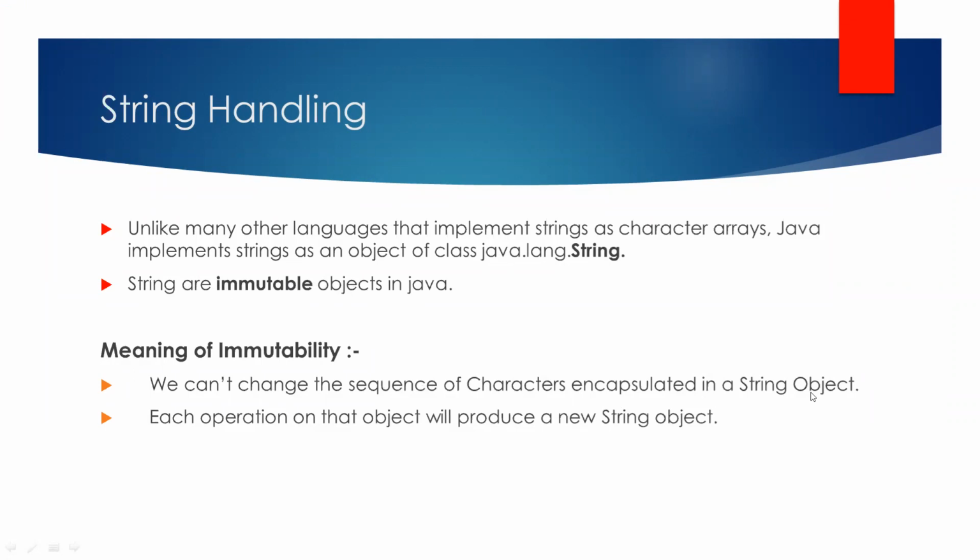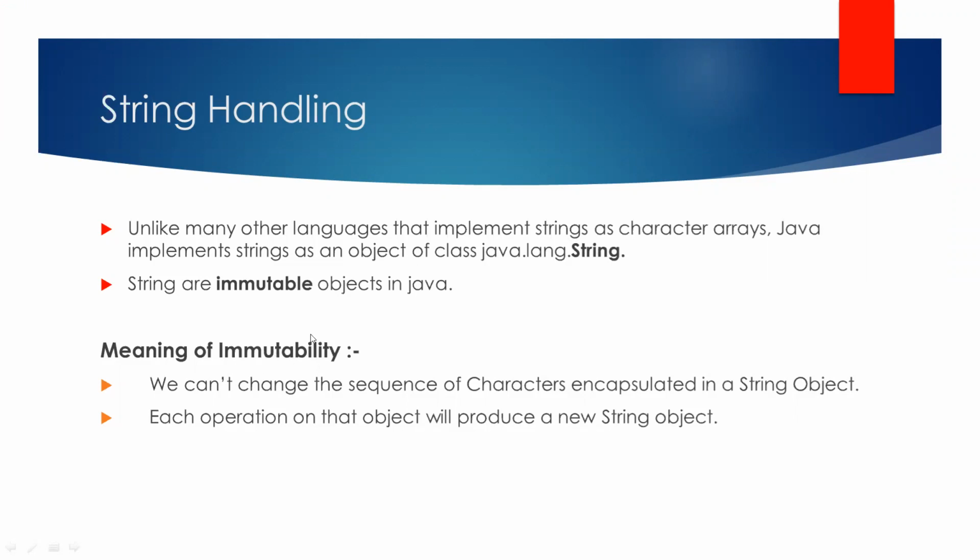If you have defined a string and you want to make changes to the sequence of the characters, this is not possible for a java.lang.String type object. Why? Because this type is immutable.